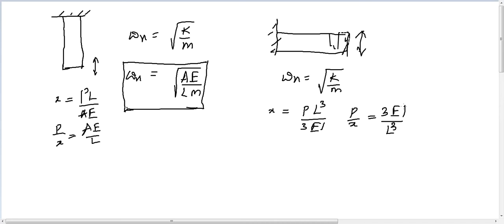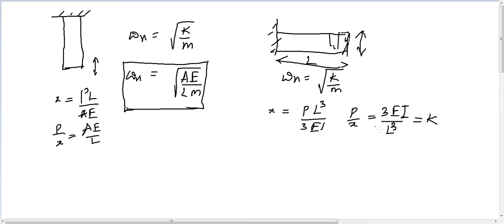I is the moment of inertia, E is the Young's modulus, L is the total length of the bar. So load per unit deflection is nothing but the stiffness. The stiffness of a bending beam is nothing but 3EI by L cube.